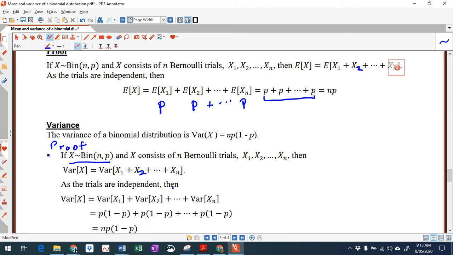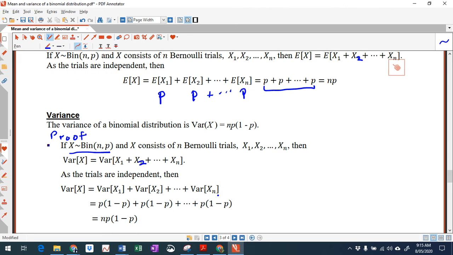Now, as the trials are independent, the variance of the sum of those Bernoulli trials will be the sum of the variance of the individual Bernoulli trials. Okay, so variance of x1 plus variance of x2 all the way up to variance of xn.